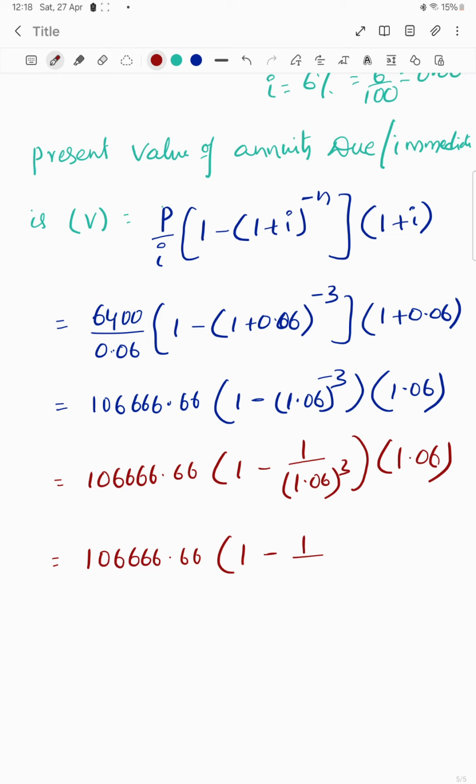So I'm taking the calculator. Give me a second. So 1.06 to the power of 3.